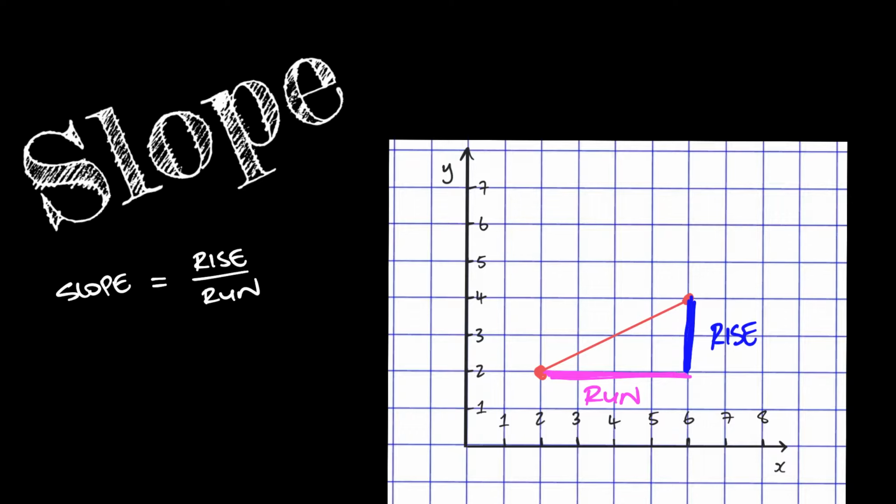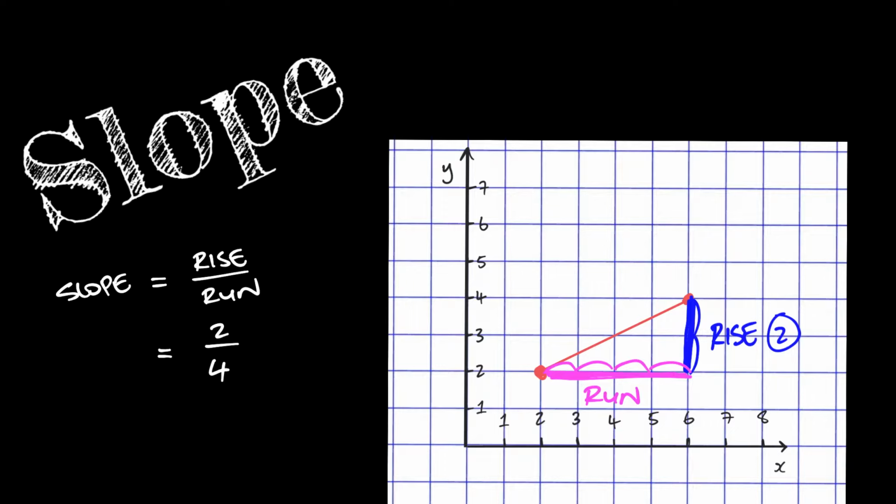So if we want to find the slope of that line there, it'll be equal to the rise over the run. In this case, it's going to rise up 2 units, 1, 2. So we can say it's going to be 2 all over the run. And it's going to run across there 1, 2, 3, 4 units. So it's going to run across 4.